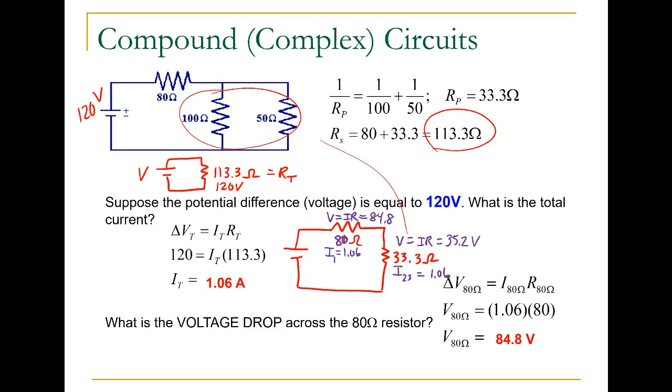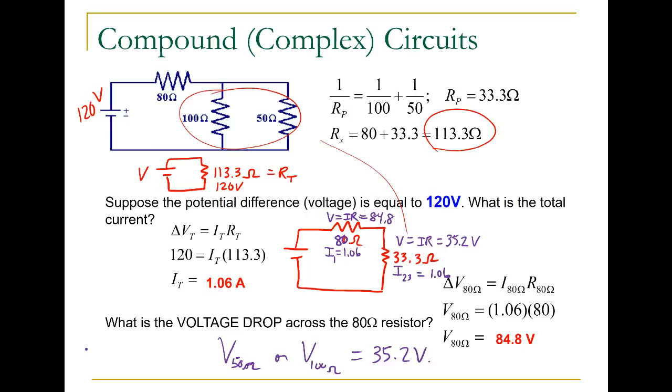And so that tells us that the voltage drop across the 50 ohm resistor, or the 100 ohm resistor for that matter, is going to be 35.2 volts.